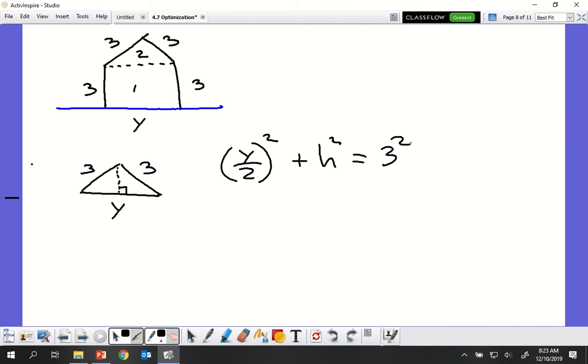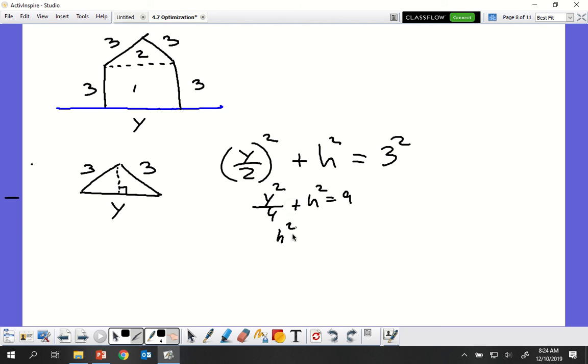I don't like having a whole bunch of variables. So what do I want to get rid of? Not y, because I need the y down here. I don't want the h. This is the only place I have an h, right? So it's y squared over 4 plus h squared equals 9.